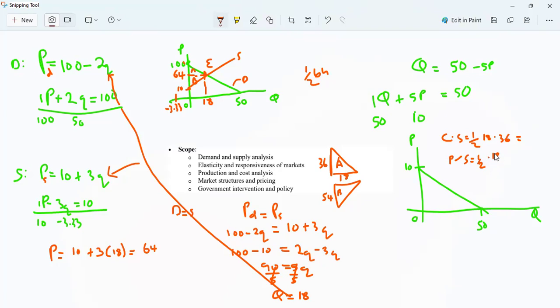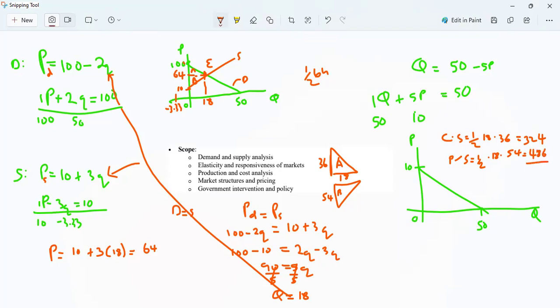The first one is 18 times 36 divided by 2, which is 324. The second one is 54 times 18, which is 972, divided by 2, giving 486. And the total.